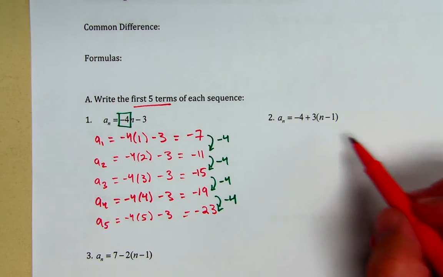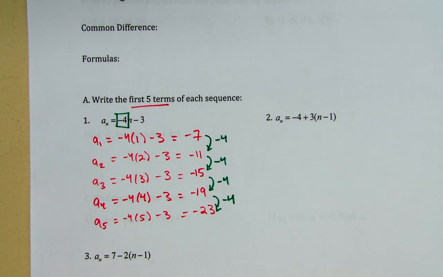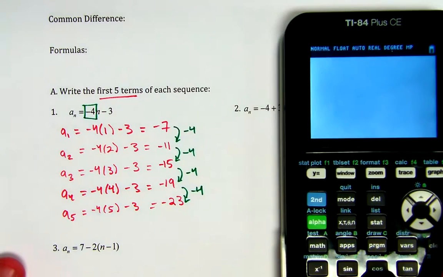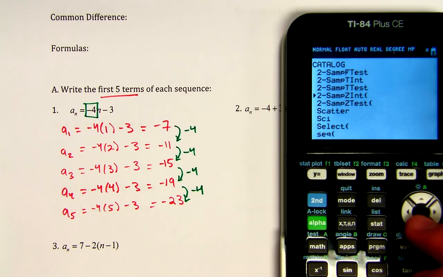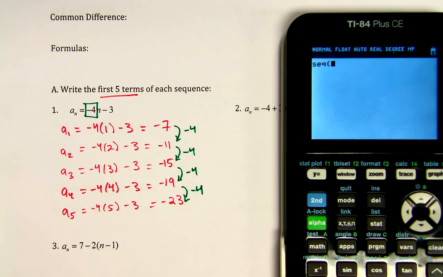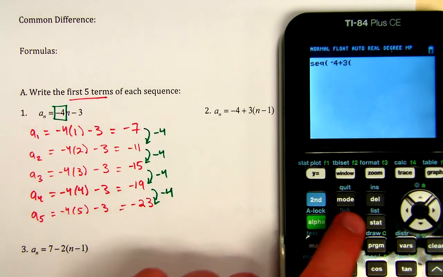Now, let's do a refresher on how I could do this in my calculator. Remember, you go to the catalog, so second 0 gives you the catalog. Press natural log to get you to S's. Go down, I want seq, the sequence. I'm using the formula negative 4 plus 3 times x minus 1.